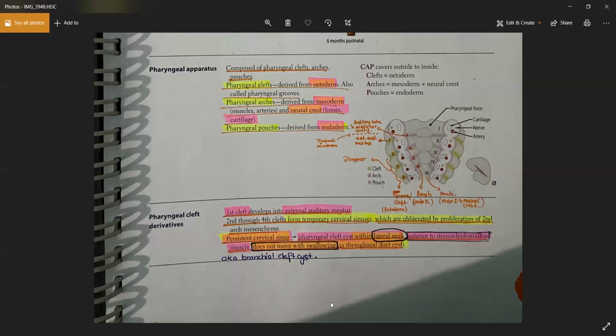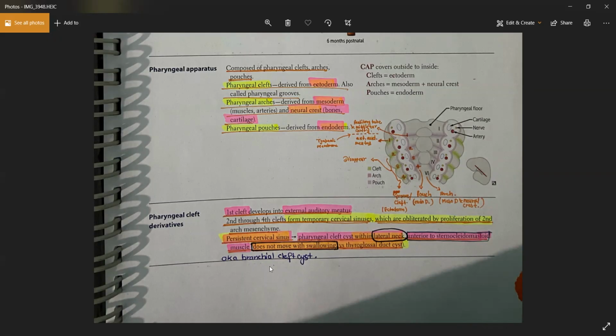These cysts are actually filled with some kind of fluid, or they may be empty. But a dermoid cyst is a solid one. So basically, the chances of infection are more in the thyroglossal duct cyst or the branchial cleft cyst, but less in the dermoid cyst.